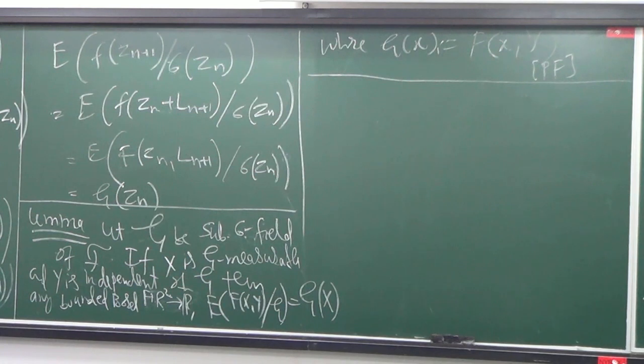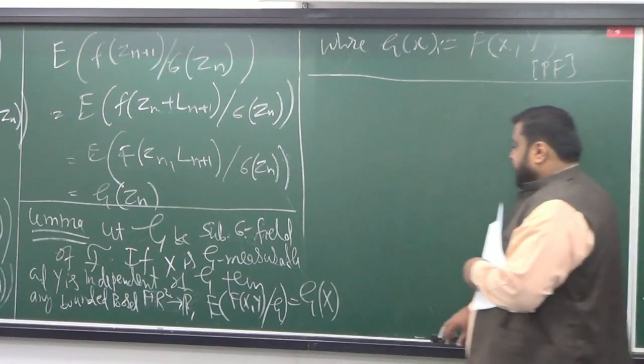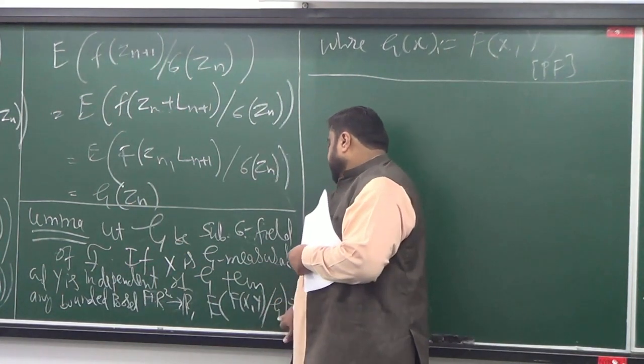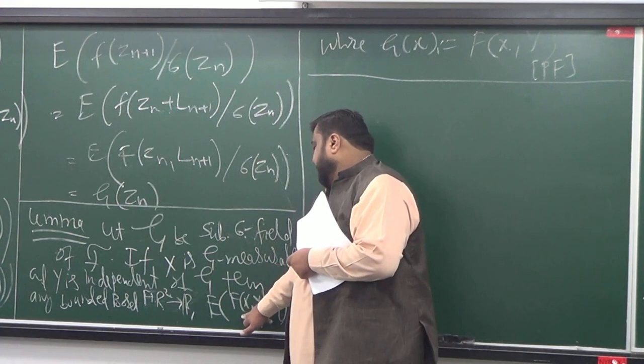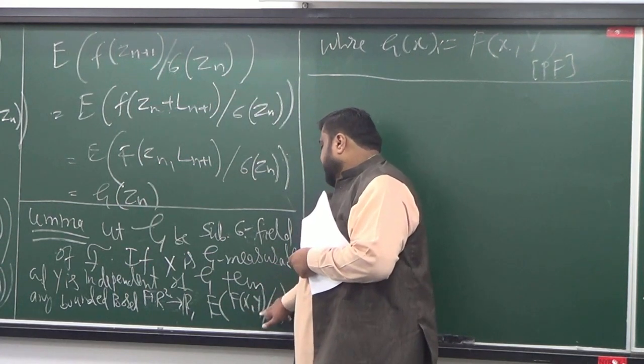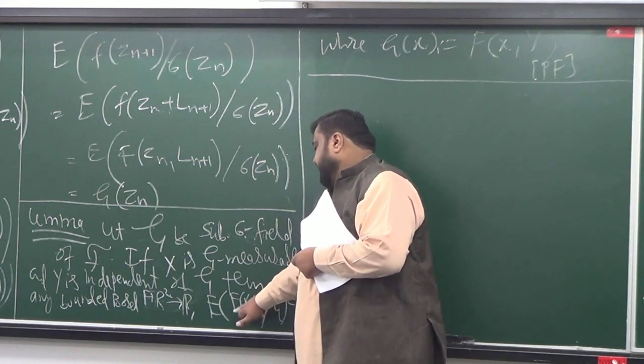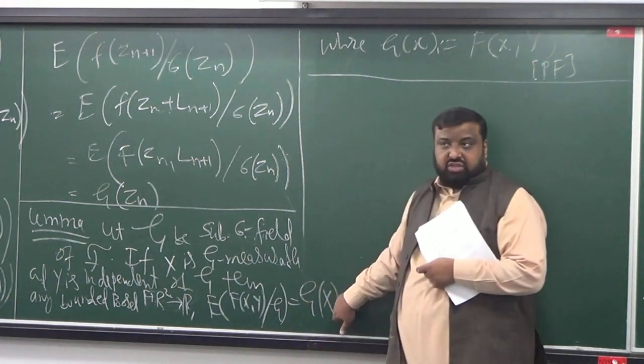Y is independent of G. The best way to say it would be that if you know that Y is independent of G and you are computing the expectation of F of X, Y, this Y is not going to add anything into the expectation. This would be the same as g of x.